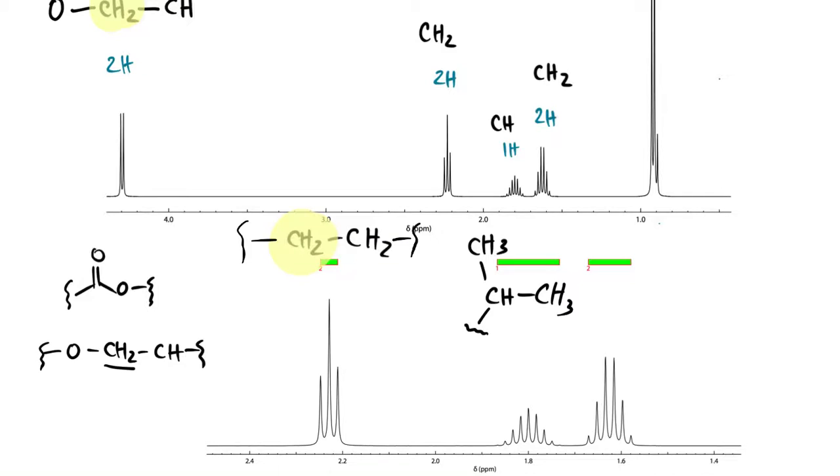And last but not least, at 1.6, we have another CH2, and how many lines? 1, 2, 3, 4, 5, 6. So how many neighbors? 5. So it is probably something like CH3 on one end and CH2 on the other end.